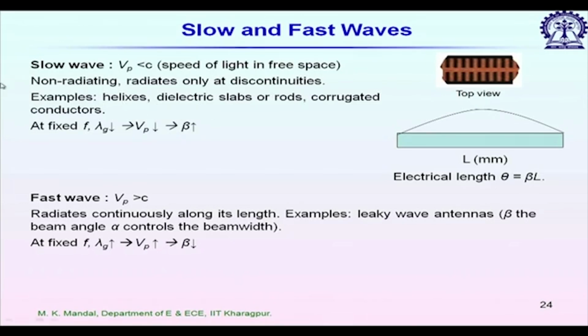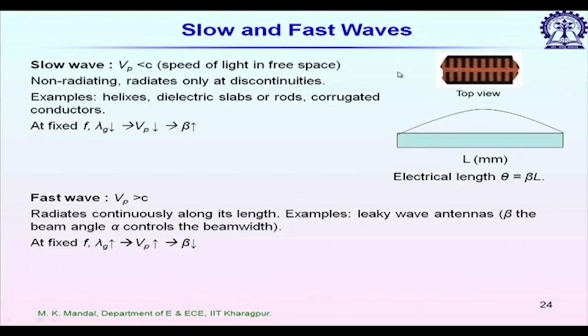If any wave guiding structure supports slow wave, then usually it is a non-radiating mode. So, it will guide that transmission mode through the structure and it radiates only at discontinuities.